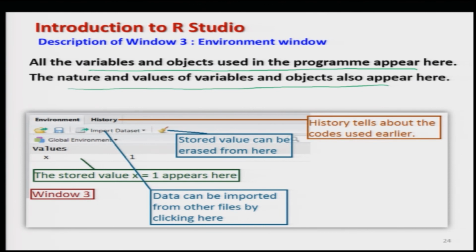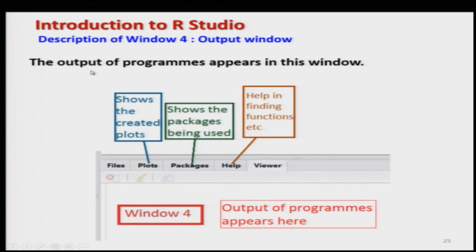And if you have a data set in, suppose, Excel or another software, you can use the import data set command directly, and you can erase and clean the variables and data sets from here. And this is the history command. History will tell you what you have done in the past on this computer, and so on. So this is what you will get from window number 3.